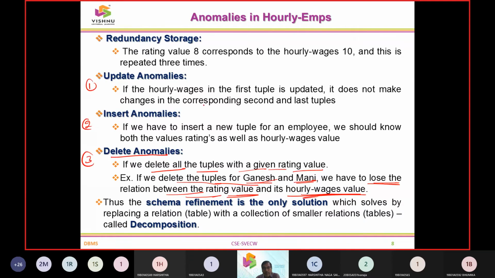Now to eliminate update anomaly, insert anomaly, and delete anomaly, we need to refine the schema. And that schema should be of only one solution.